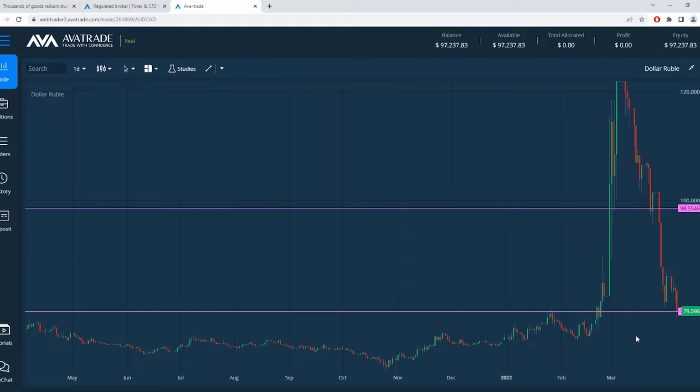Okay, and you can see a lot of times it makes sense, and I'm trying to show you ways to align the fundamental news with an optimal technical analysis entry point. So if you were saying, okay, there's reason to buy on the ruble now because of the war, the ruble could be weak.